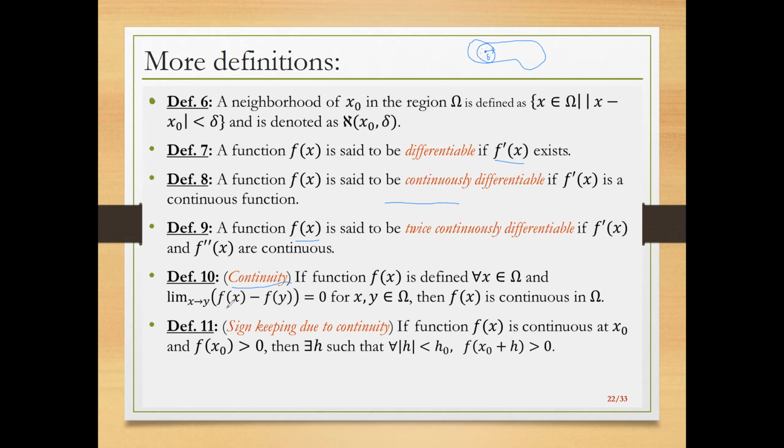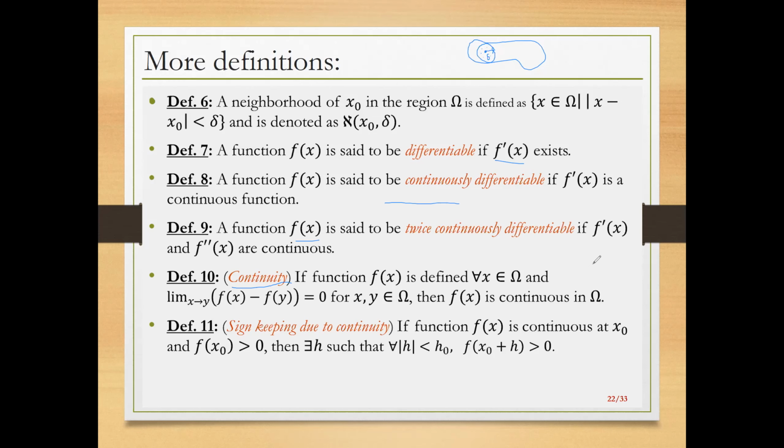If we take the difference of f of x and f of y, and the limit as x tends to y, meaning x is approaching y, and the limit of this difference is equal to 0, that means they are very close to each other. And these points x and y are obviously in the feasible set. Then we say that the function f of x is continuous in the set omega.